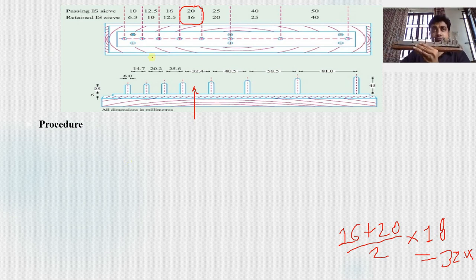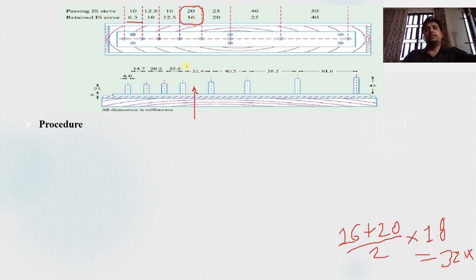For the first portion, 6.3 mm retained and 10 mm passing. Second portion is 10 mm retained and 12.5 mm passing. Third one is 12.5 mm retained and 16 mm passing. And next, 16 mm retained and 20 mm passing.